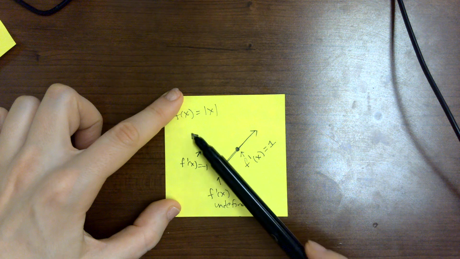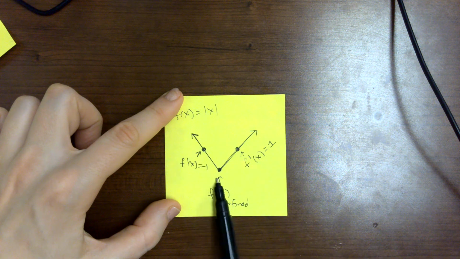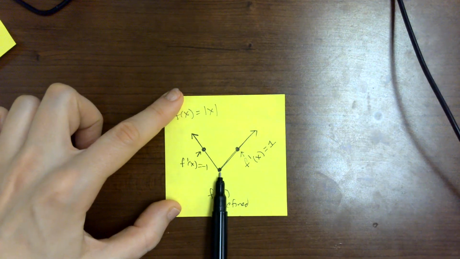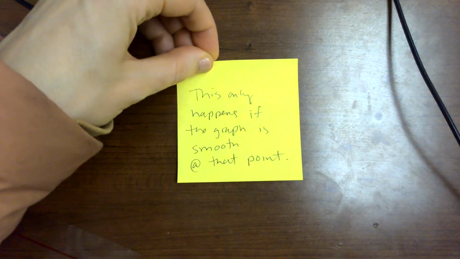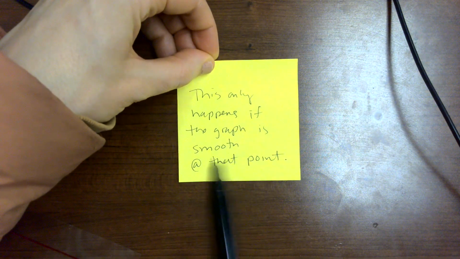So the slopes from either side are not coming to an agreement at this point. That's another way of looking at it. The derivative only exists if we have a smooth graph. If we have any corners, it's not going to work.